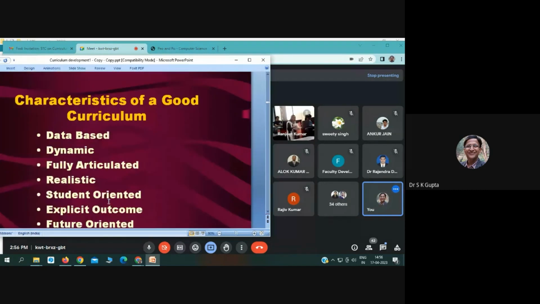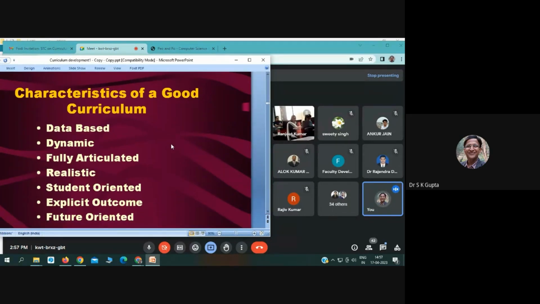So now I will be sharing with you what the characteristics of a good curriculum are. There are so many characteristics of a good curriculum, but I will share some of them.